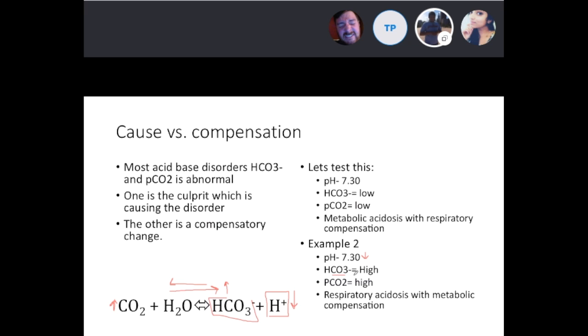That's why that's the compensation here. So the bicarb is the metabolic compensation? Correct. This patient has a respiratory acidosis to start, and the body is reacting to that by doing a metabolic compensation.